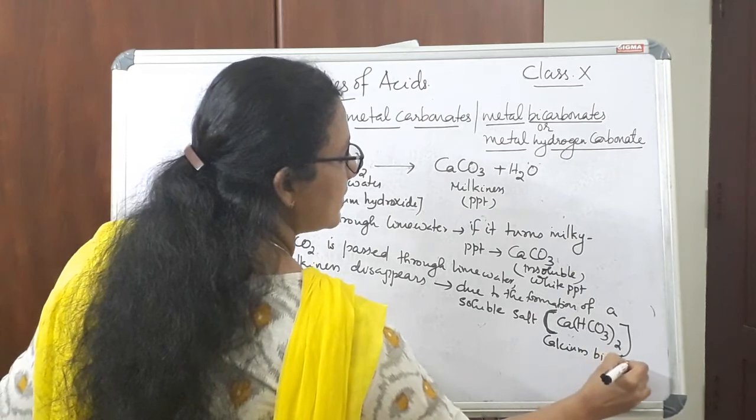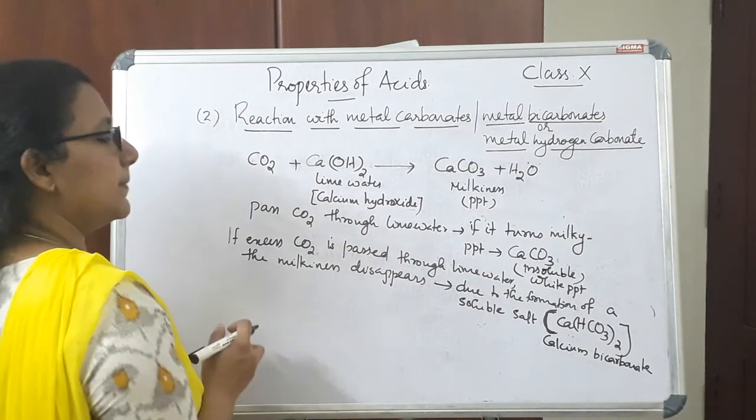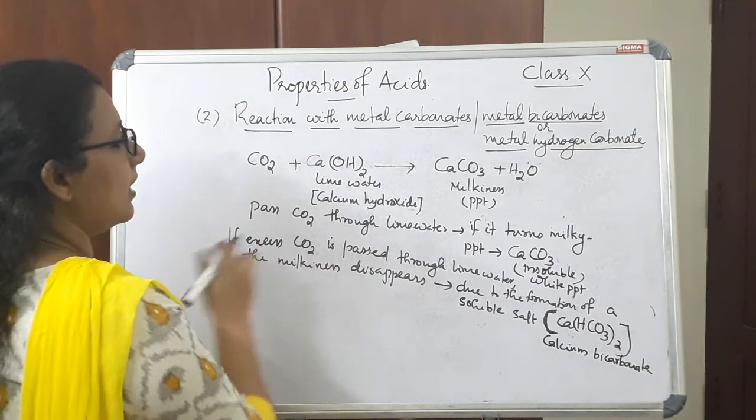Calcium bicarbonate is soluble. So the milkiness disappears, or we cannot see the white precipitate, if we pass excess carbon dioxide through lime water.